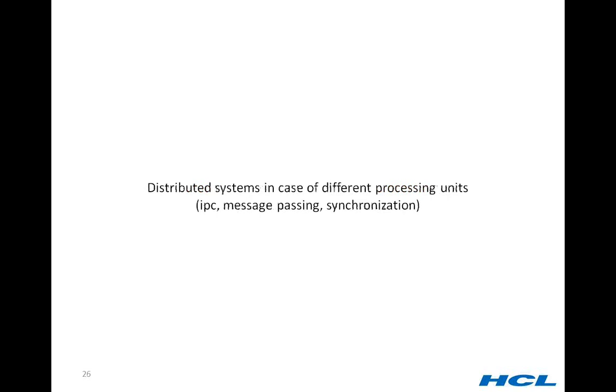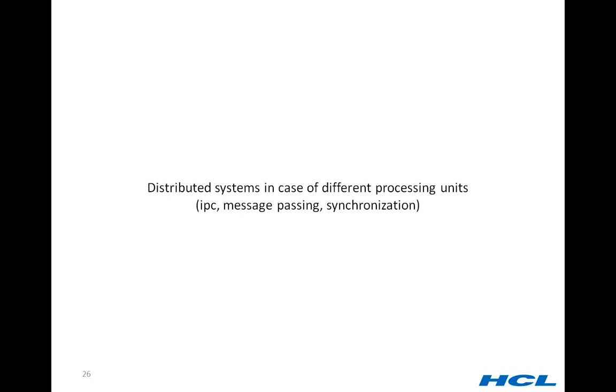This is basically for the case where you have different processing units. Certainly then you need some sort of powerful coordination mechanism between these processing units, because control plane, data plane, and management plane, all these three should work together. So certainly you need to employ inter-processor communication, which is basically how all these three planes are going to communicate with each other.